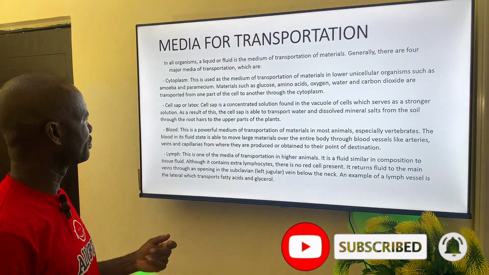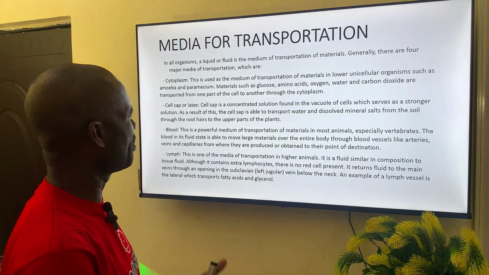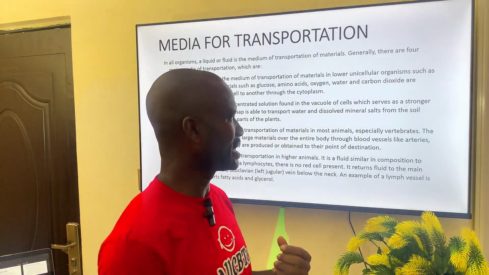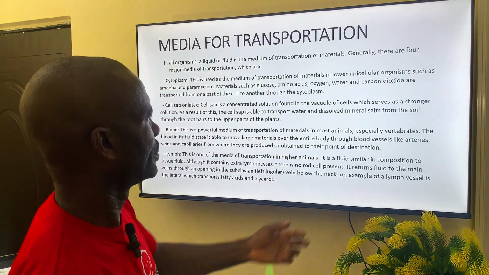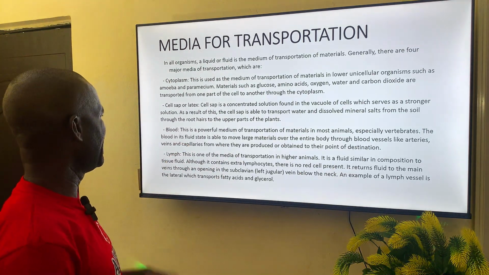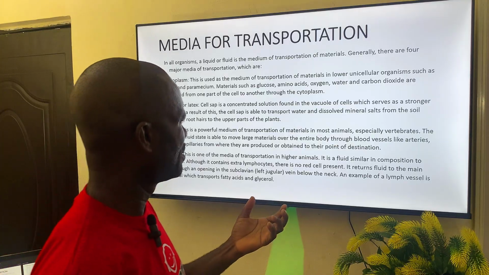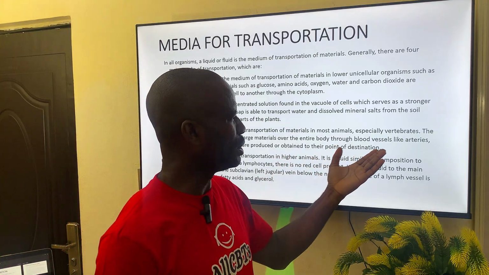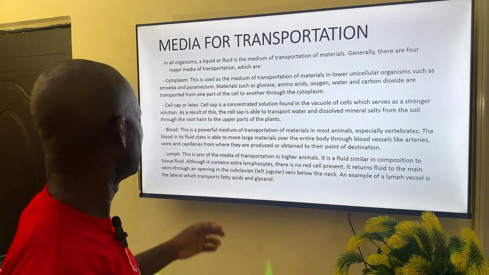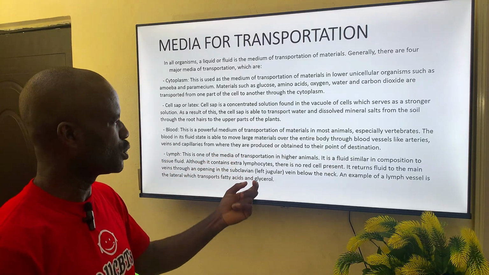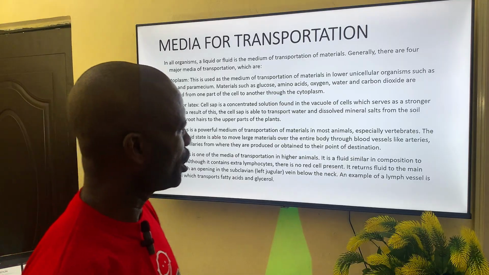Then blood is a powerful medium of transportation of material in most animals, especially vertebrates. Vertebrates are organisms that have a backbone. The blood in its fluid state is able to move large materials over the entire body through the blood vessels like the arteries, veins, and capillaries, from where they are produced or obtained to the point of destination.